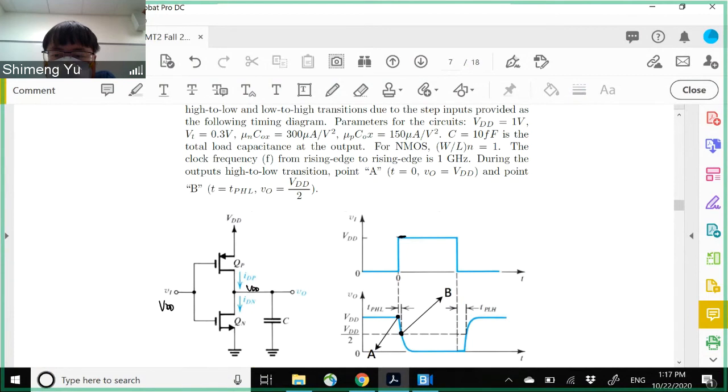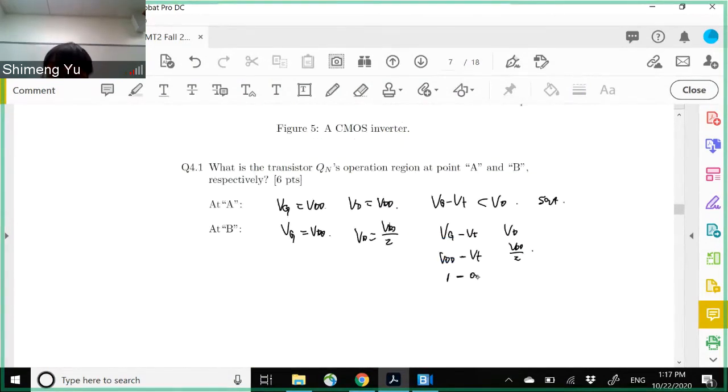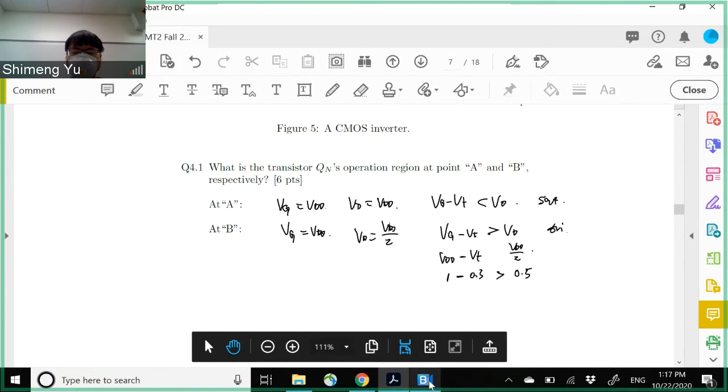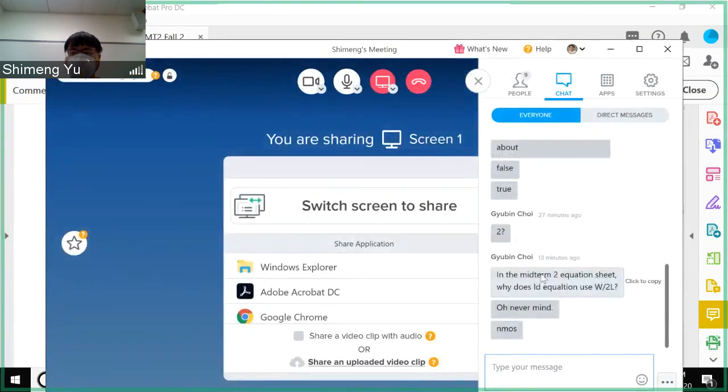So this is 1 volt minus 0.3, and this is 0.5. This is 0.7, larger than 0.5. So now this is different, right? This is larger, so this is triode. Any questions?